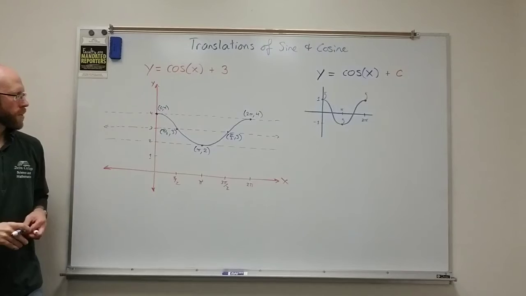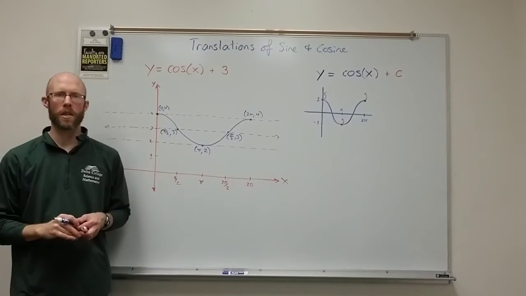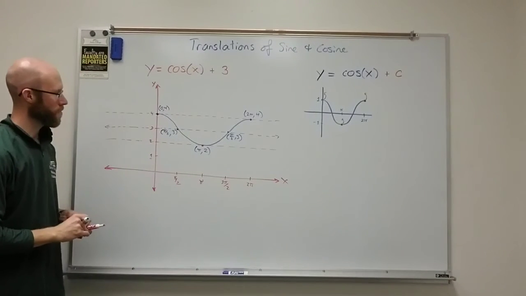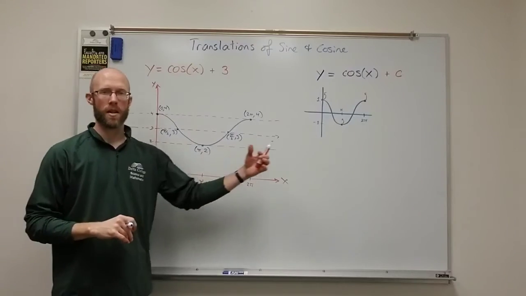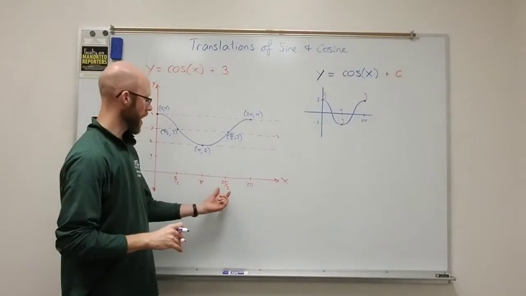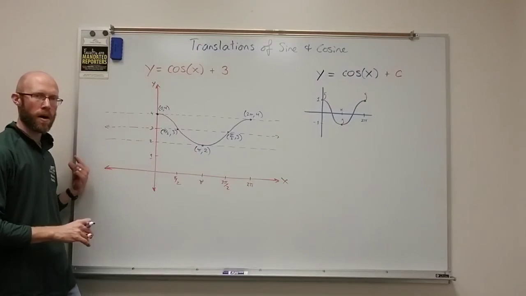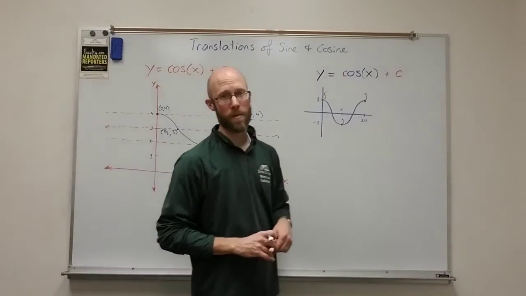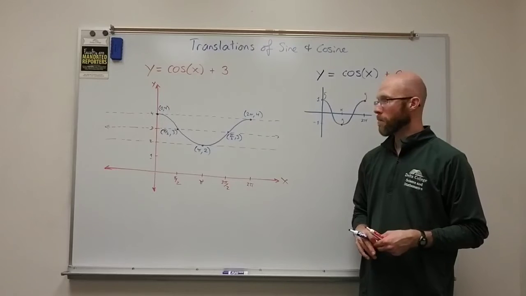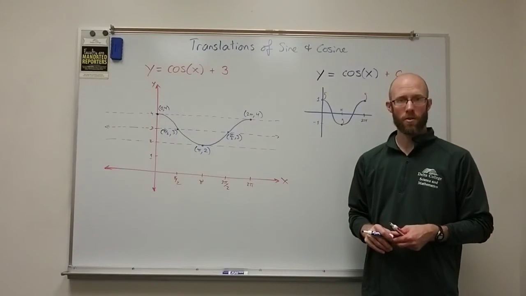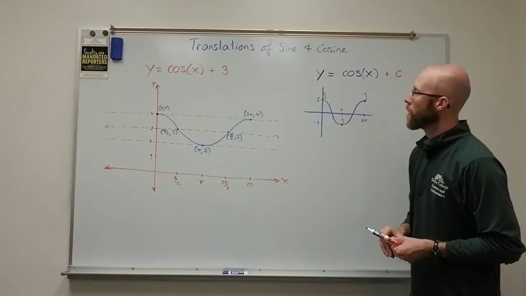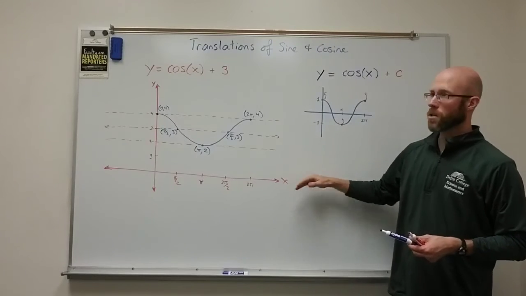That gives me all 5 of my key points on the graph. Again, you could extend this simply by adding another half pi or subtracting another half pi repeatedly to map out more periods of the graph. Okay, so that gives you the idea of a vertical shift.